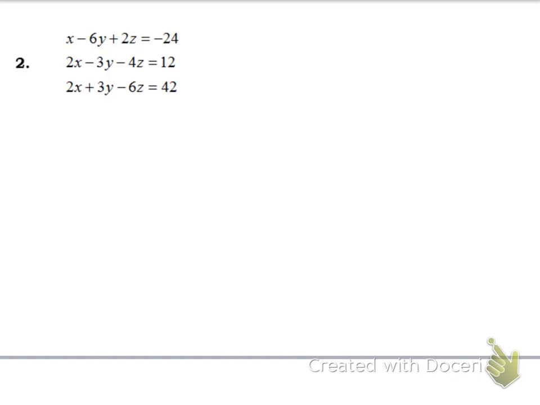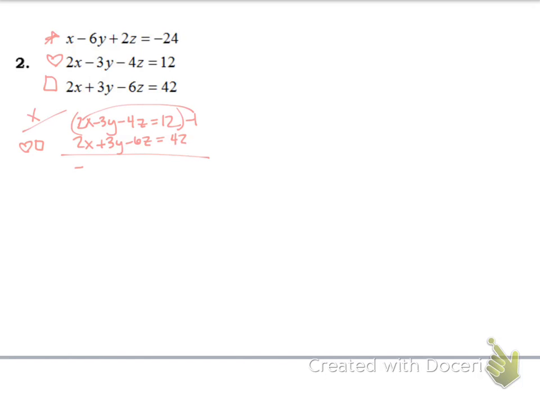Alright, let's go ahead and eliminate x's. So star, heart, square, I pick x. Let's do heart and square first. I need to multiply one of them by a -1.